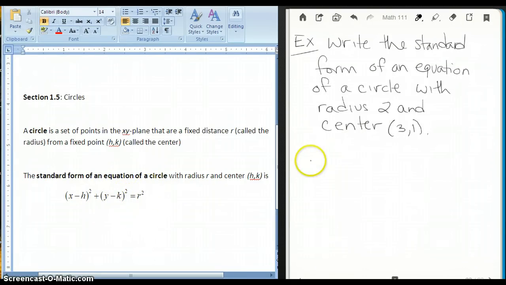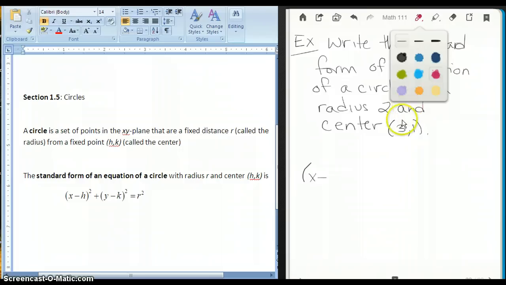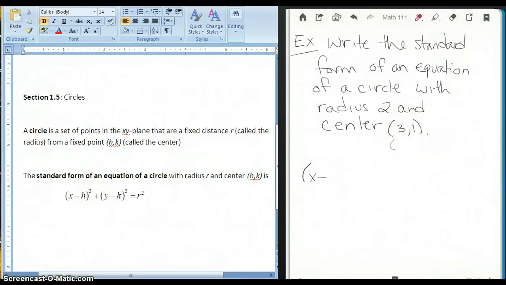So I go ahead and plug things in. x is a variable, so I write x minus, what is h? h is the x coordinate of the center here. If I look at the center right here, that ordered pair is (h, k), which means h is 3, so this equation should be (x minus 3) squared plus (y minus, what is k? k is 1) squared equals r squared.